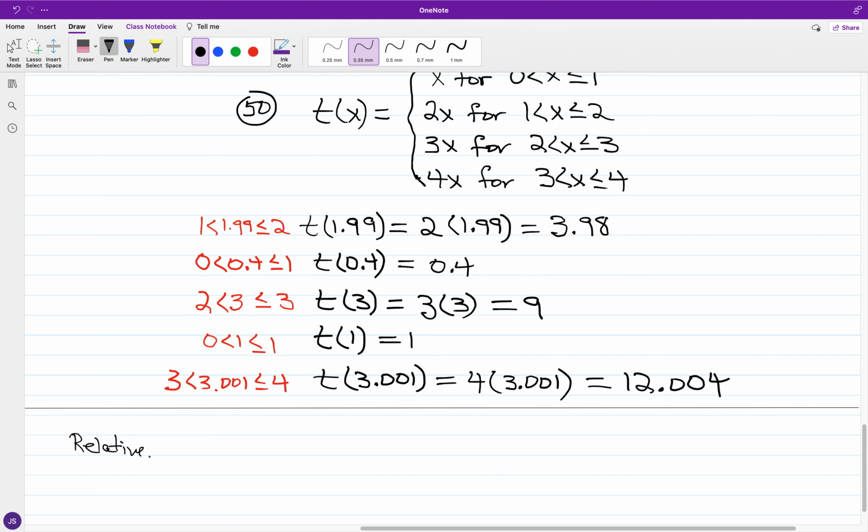And now we're looking at what will be regarded as relative minimum and maximum, for increasing and decreasing functions.